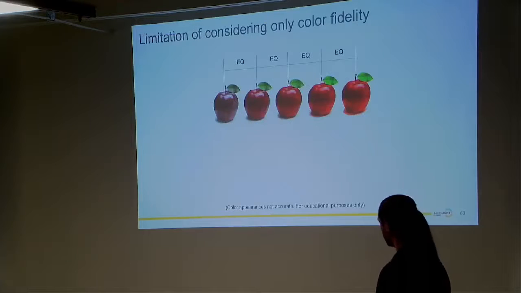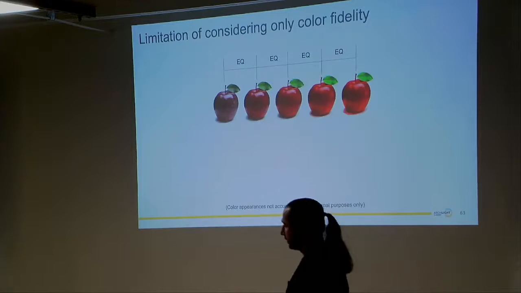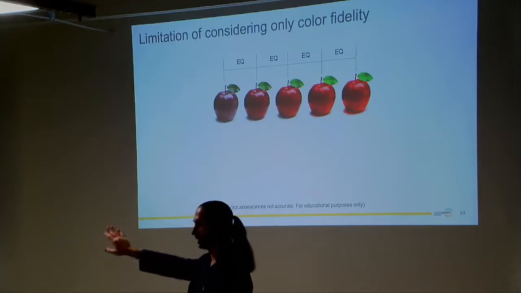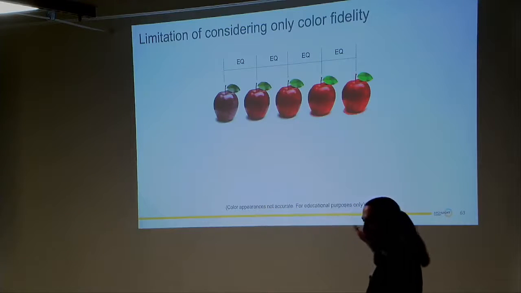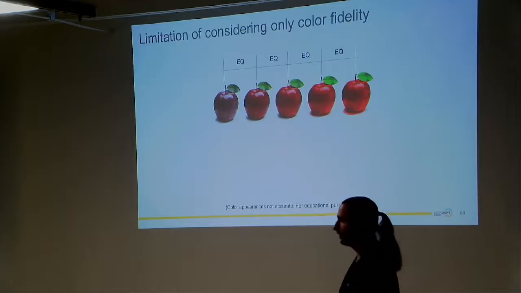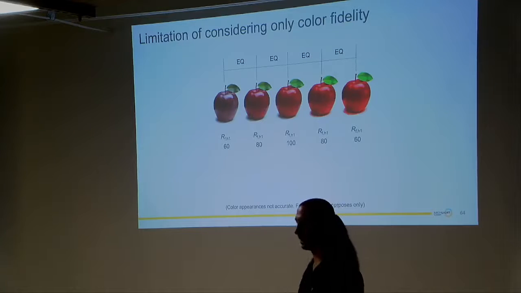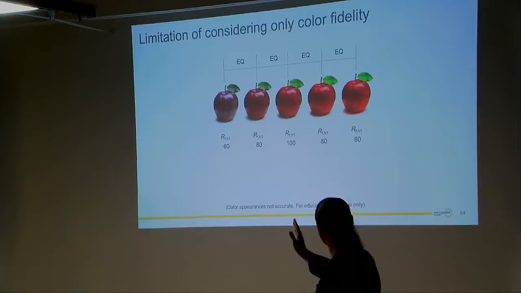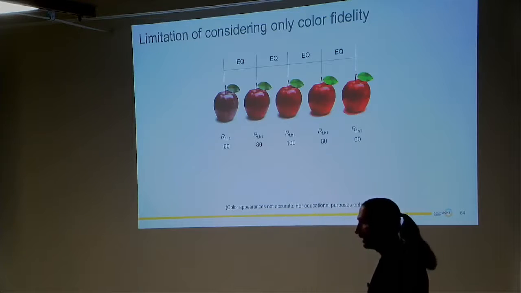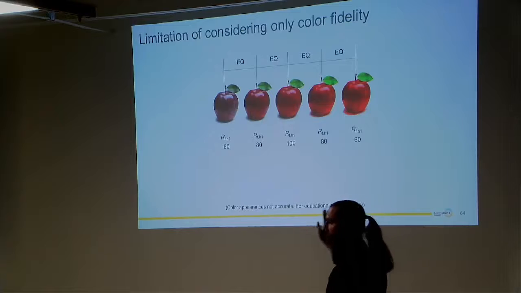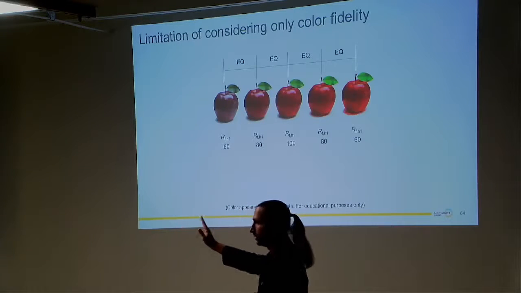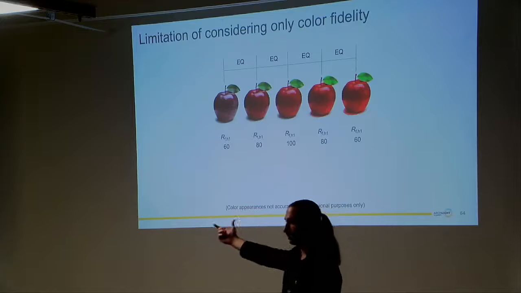As an example, what you should see, just to check, on the left you should see a desaturated apple and an increase in saturation as you move right. If we say that the middle one is the one that is matching the reference illuminant, and we assume that these are all equally different, we see that the fidelity metrics can't pick up that difference in appearance, because that's a direction change, and the magnitude is the same, right?